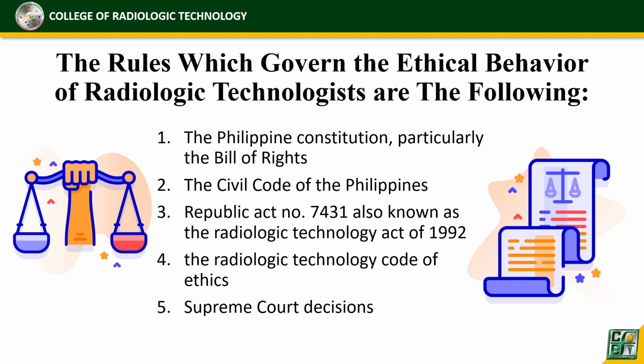And lastly, number 5 is Supreme Court decisions, or what we call jurisprudence. Okay? They are decisions of cases filed in the Supreme Court that address certain things. Okay, certain legality. Yung mga sinasampa sa Supreme Court ay question of laws.